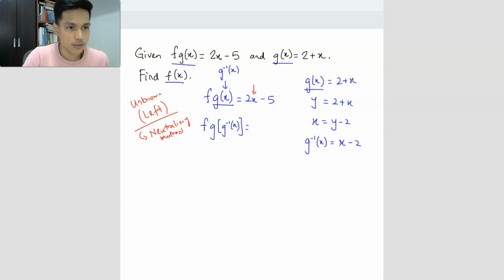So you get 2, now instead of x, it's going to be x minus 2, minus 5. Okay, so here you neutralize it. So what you have is f(x). So this one becomes 2x minus 4 minus 5. So your answer is 2x minus 9. So that is your f function.